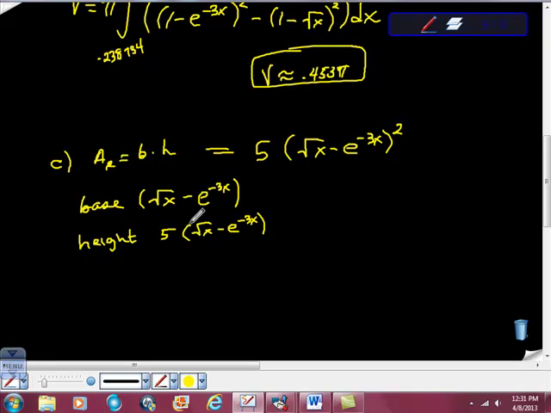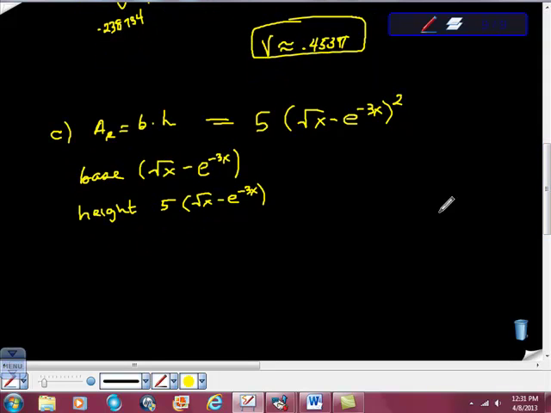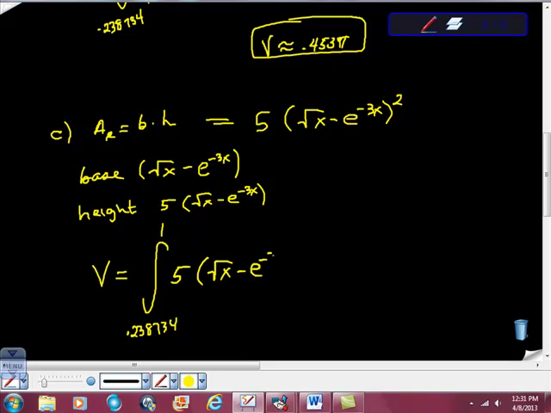Because we have two factors of this. And now we're actually almost done. We're just going to put this into integrand form and say we know that the volume is equal to the integral from 0.238734 to 1 of 5 times square root x minus e to the negative 3x, squared. This is all in terms of x, so dx.